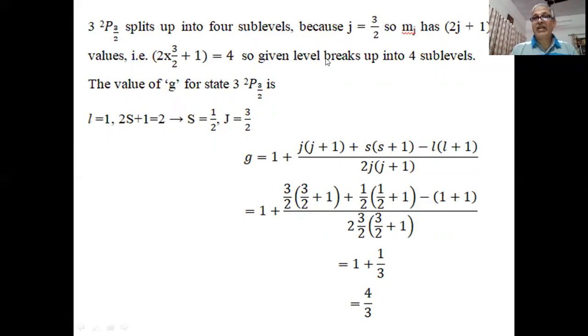So this level breaks into 4 sublevels. For the state 2P 3/2, L equals 1 and the multiplicity 2S plus 1 equals 2, so S equals half and J equals 3/2. Substituting these values in the Lande g factor expression, we get g equal to 4/3.